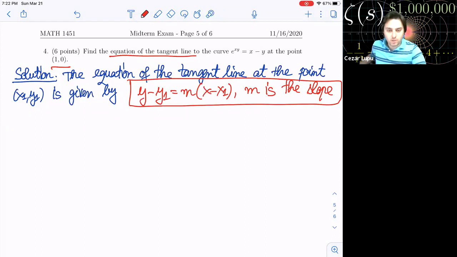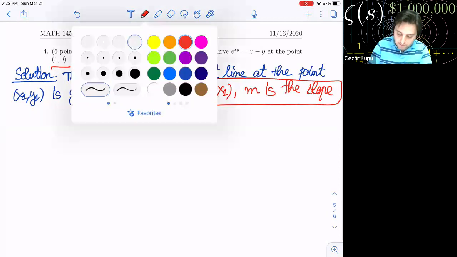Exactly. As you can see here, Eric asked a very good question, which says, do we have to do implicit differentiation to get the slope for the tangent line? Correct, exactly. To find the slope of the tangent line, we need to find this m here.